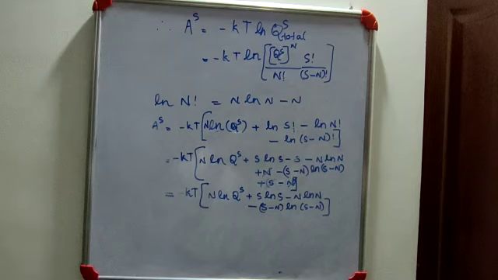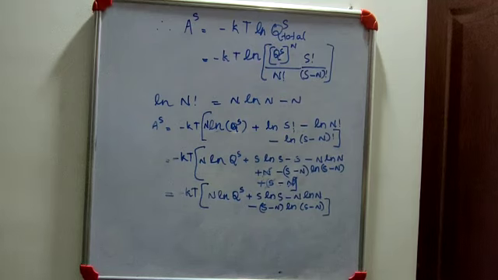So after applying Stirling's approximation and simplifying the equation, we get A equal to minus kT into n log Qs plus s ln s plus n ln n minus s minus n into log s minus n.